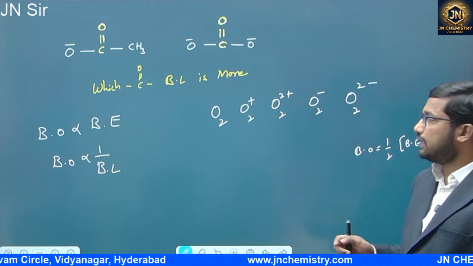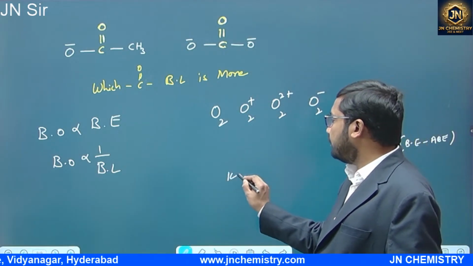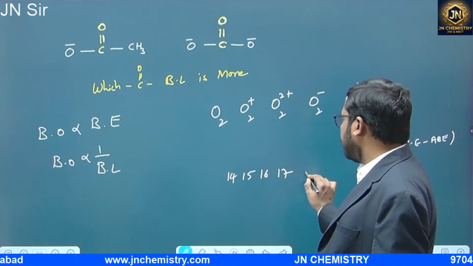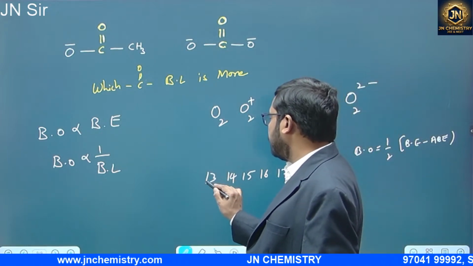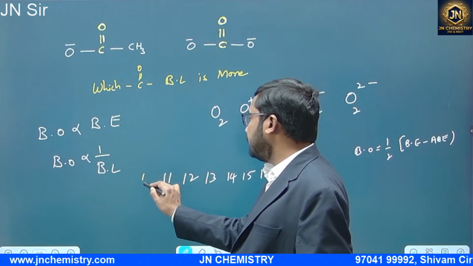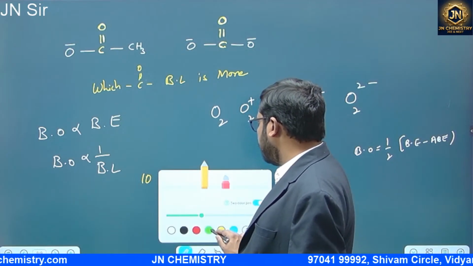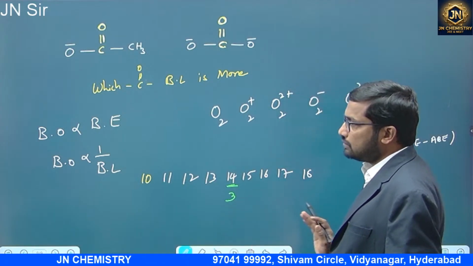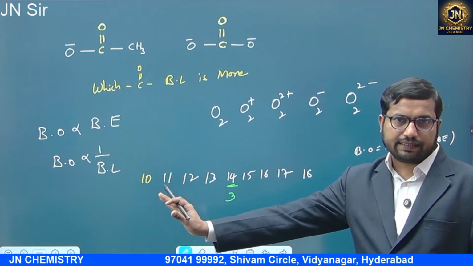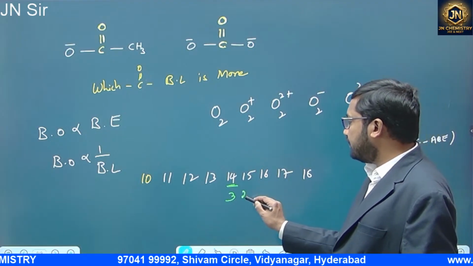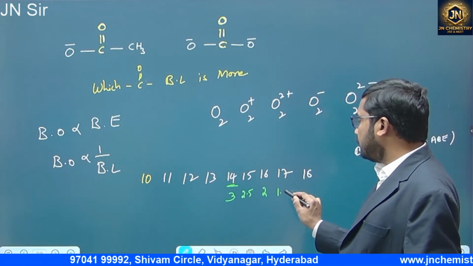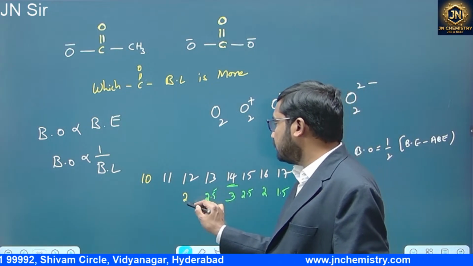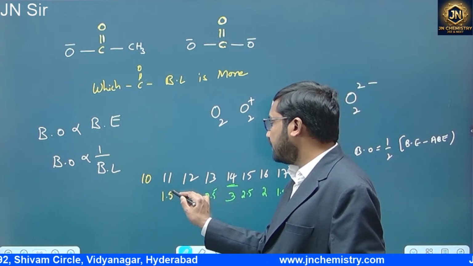Generally we will calculate like that. But I gave you the 14 rule, right? 14, 15, 16, 17, 18, 13, 12, 11, 10. 14 is the benchmark for us. 14 is bond order 3. So just move 0.5, decreasing on both sides: 2.5, 2, 1.5, 1, and 2.5, 2, 1.5, 1.